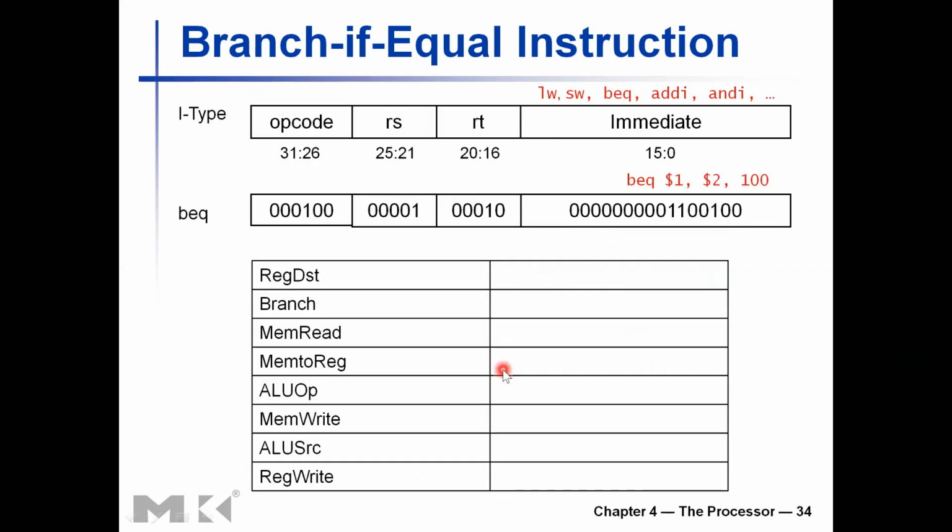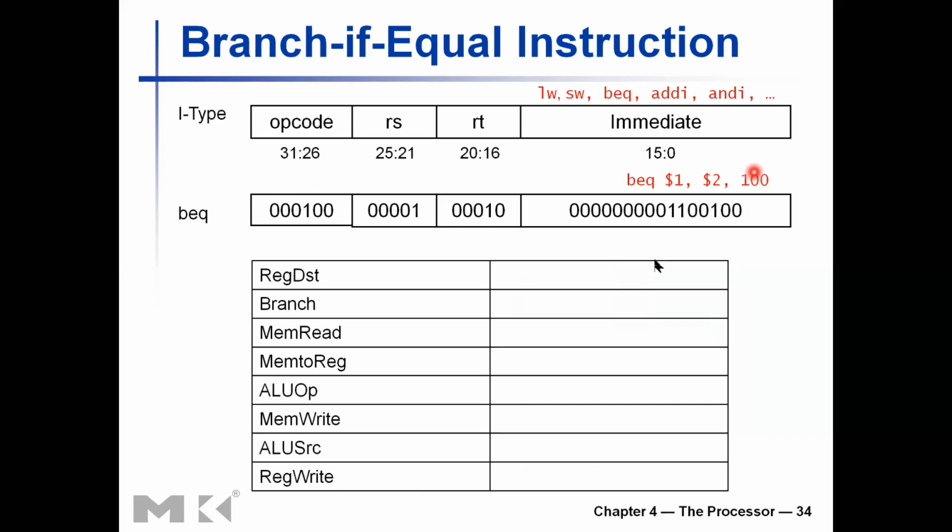Right. So now I want you to take 5 minutes and fill this table, the values for these control signals, based on this instruction example: branch if equal, register 1, register 2, offset is 100. That is, if the values in registers 1 and 2 are equal, jump 100 instructions forward by manipulating the program counter.